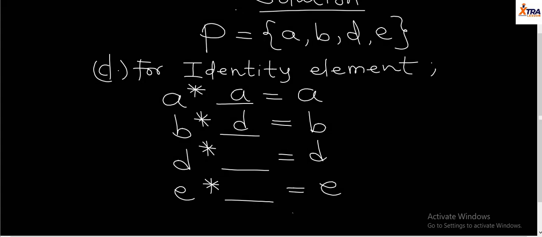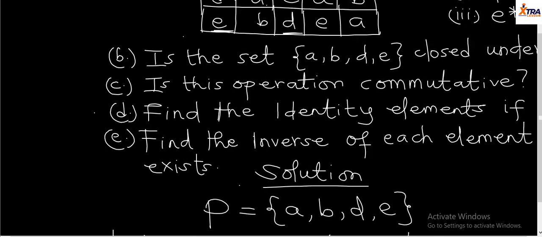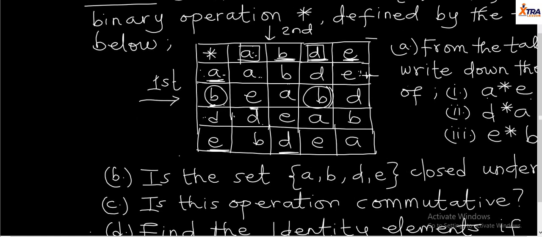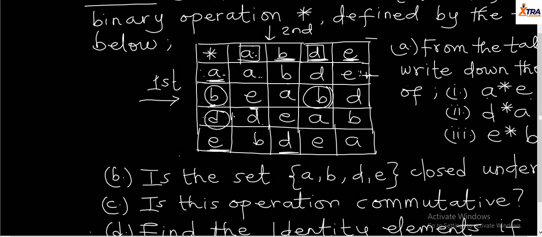For D now, what is the identity element of D? Considering D, this is my D. What will I relate with D on the second axis that will give me D again here?